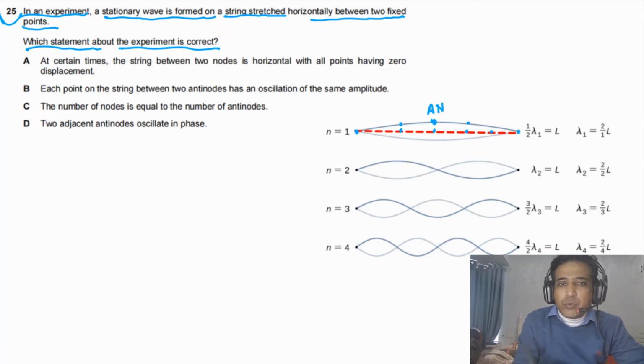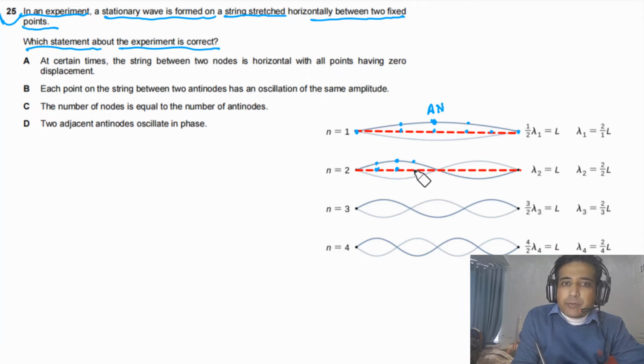Now, when we have two loops, what is happening in that case? We can draw first of all this horizontal line here. This is our equilibrium position. Now we can mark some points here. Let's say a particle is at this point. After time T/4, this particle will be here, and a particle here after time T/4 will go down, and this particle will be here.